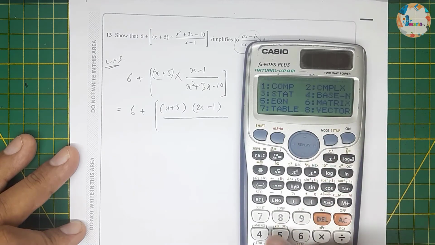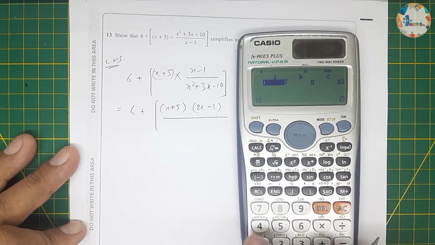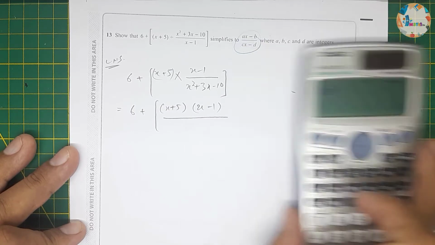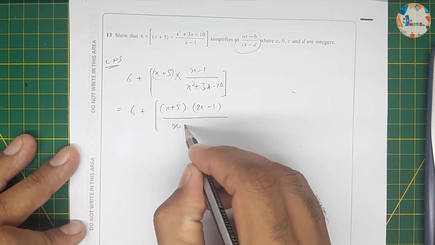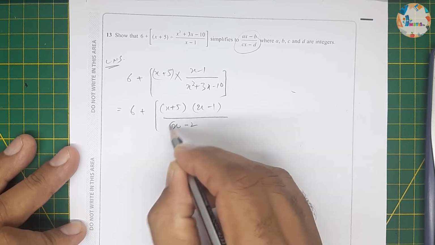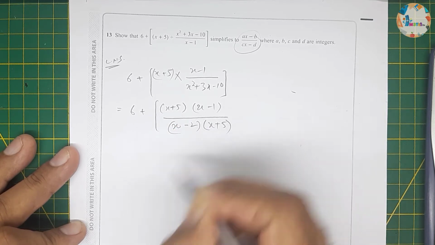Coefficient of x squared is 1, coefficient of x is 3, and c value is minus 10, so 2 and minus 5, so we can write x minus 2 and x plus 5.